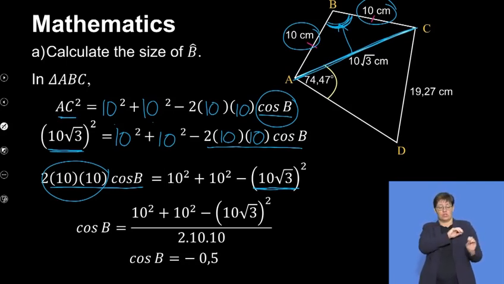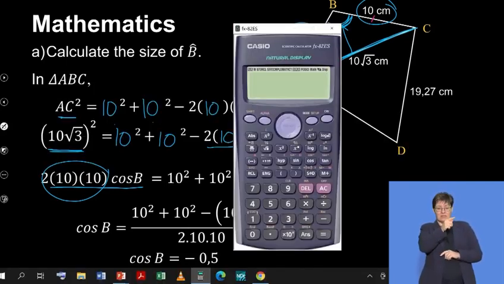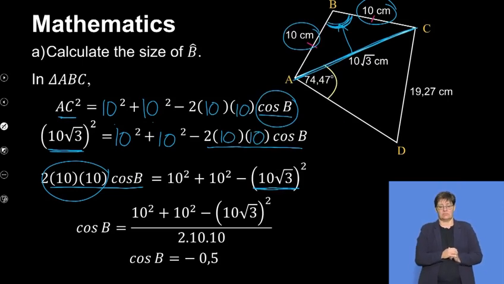We're going to say shift cos, minus 0,5, and the answer for B is going to be 120. So B is equal to 120, and we've solved our problem.